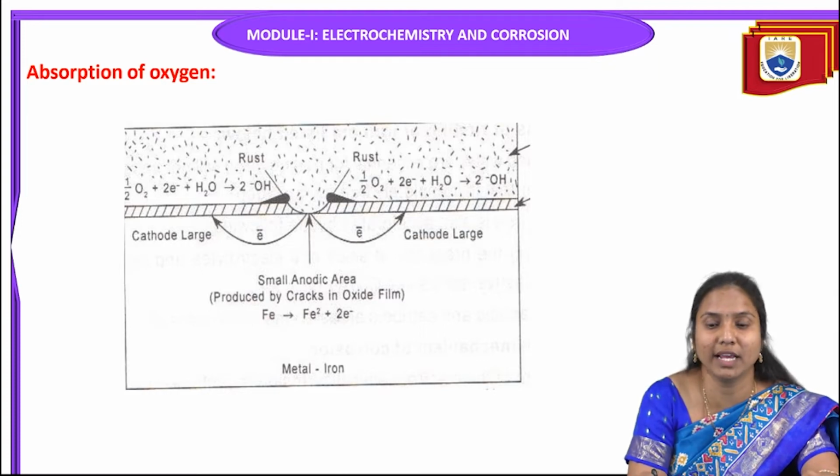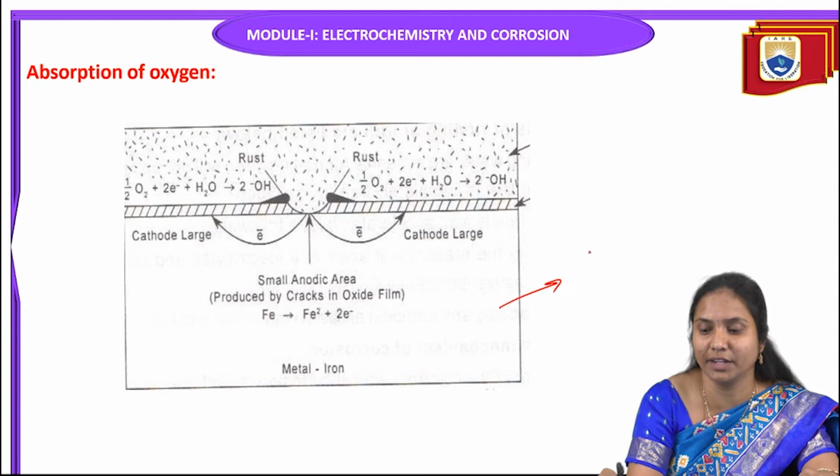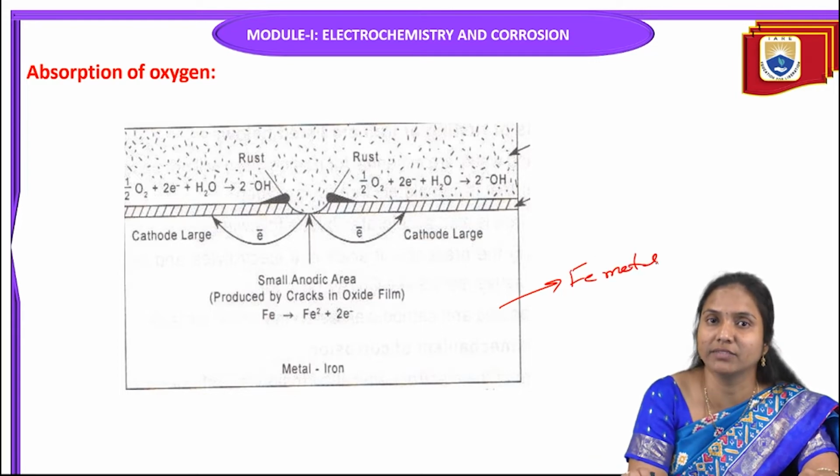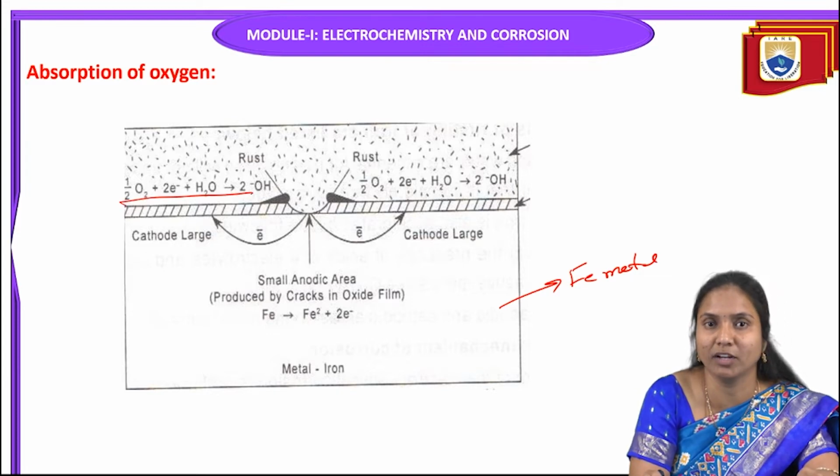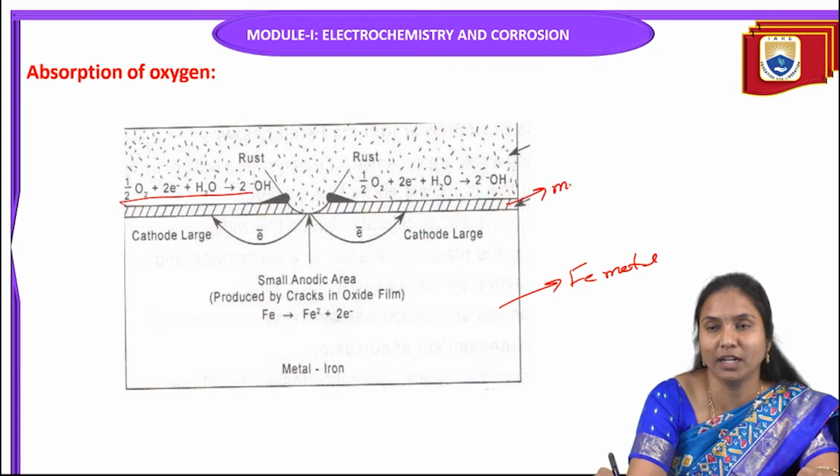Take iron metal, for example, where it interacts with atmospheric oxygen. When it interacts with atmospheric oxygen, it forms a metal oxide layer.